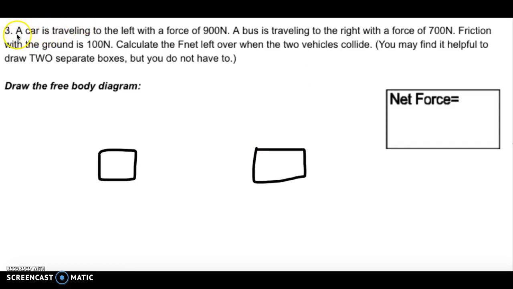Okay? Car's traveling to the left with a force of 900 newtons. So here's my car traveling to the left. Force applied because it is pushing. And it would be 900 newtons.